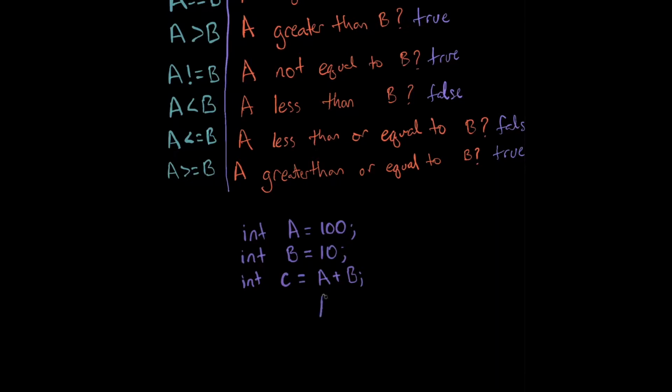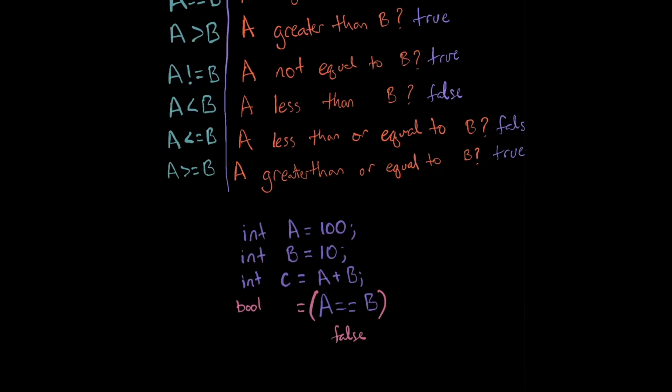Now let's say I had written A equals equals B. We know from above that equal equals is asking, is A equal to B? That is going to give us the answer of false. So the return type of the output must be of type Boolean.